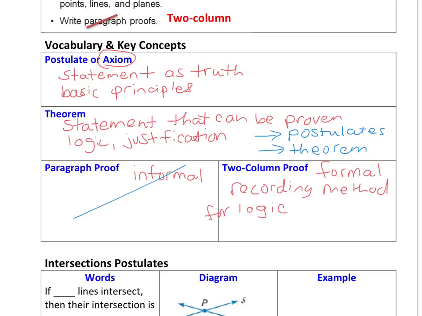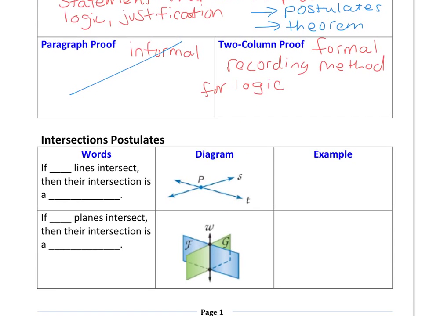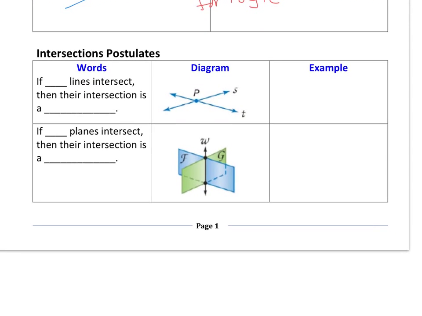All right, so let's start to look at some more postulates regarding points, lines, and planes. I've got several of them lined up with words, with some kind of diagram, and then we'll write an example. In the diagram you can see that when two lines intersect, then their intersection is a point, and that's always going to be true.